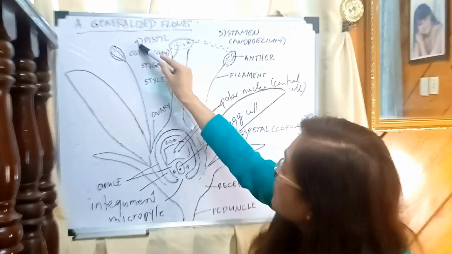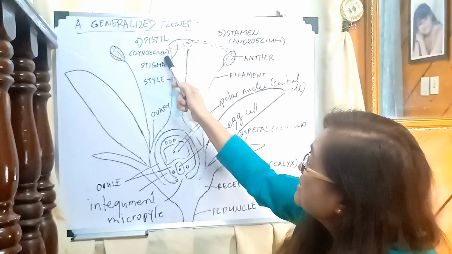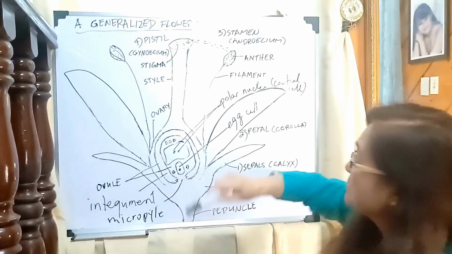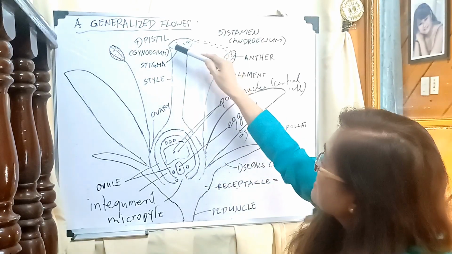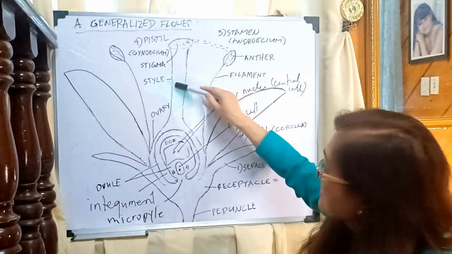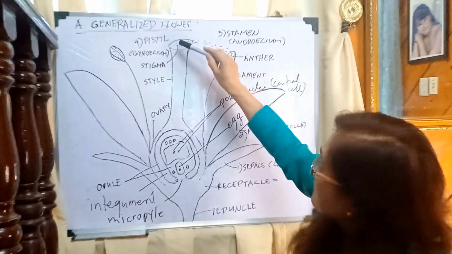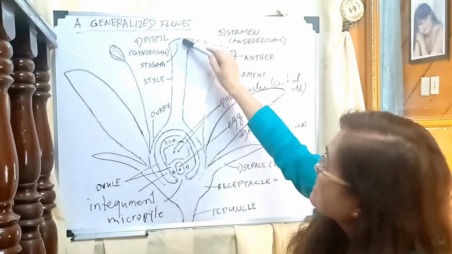Then we have the fourth whorl, the pistil, also called gynoecium. The pistil consists of the stigma, the style, and the ovary. So the semi-expanded top is the stigma.